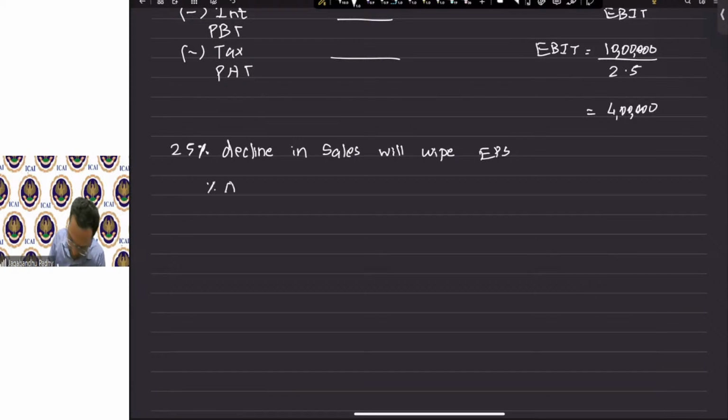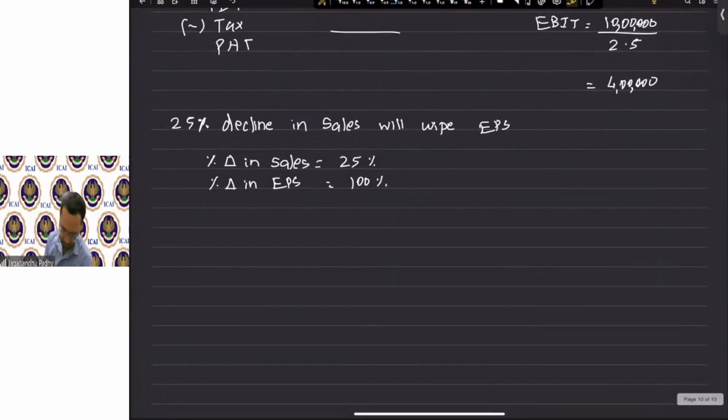So we can say percentage change in sales is given as 25% and percentage change in EPS is 100%, right? Because if it's going to wipe out EPS, the entire EPS will become zero, which is 100%.